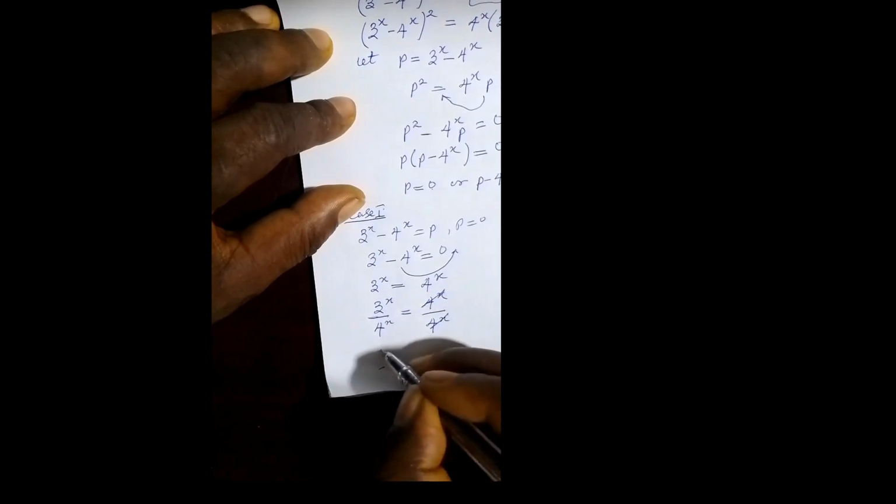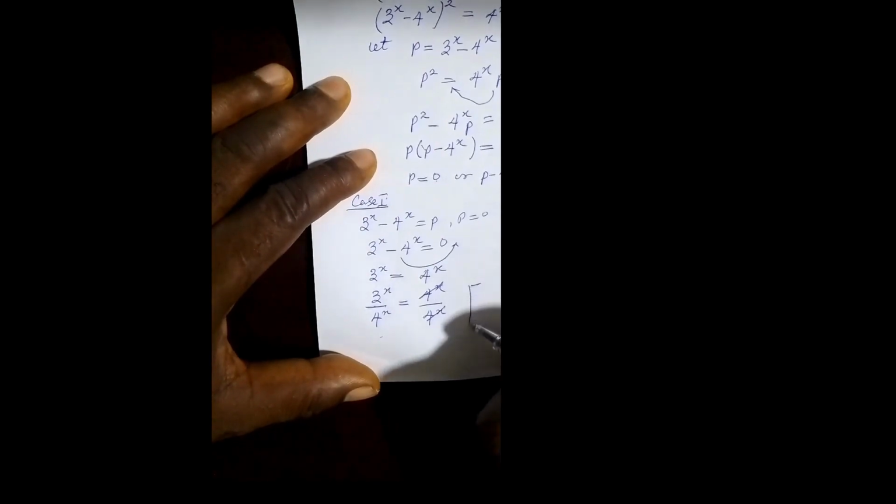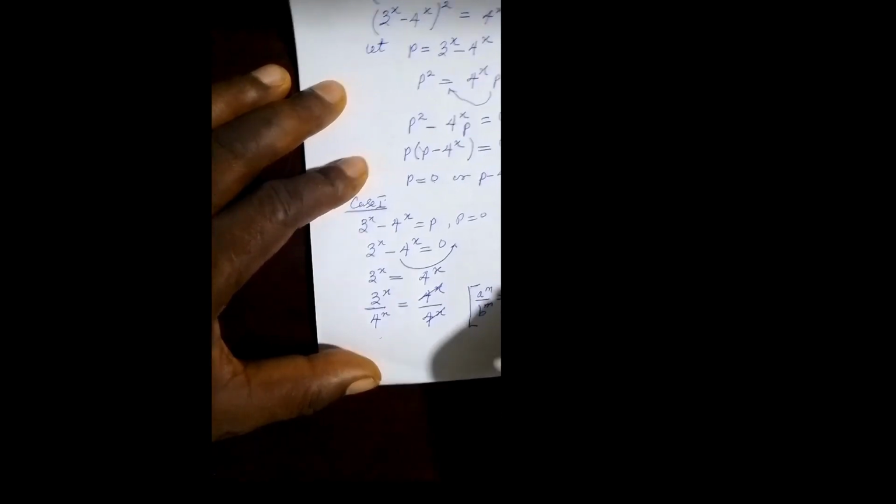So what we need to do now is to apply this rule here. If you have a to the power of m over b to the power of m, then this becomes a over b all to the power of m.